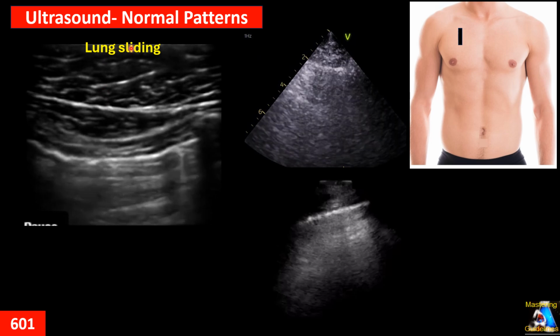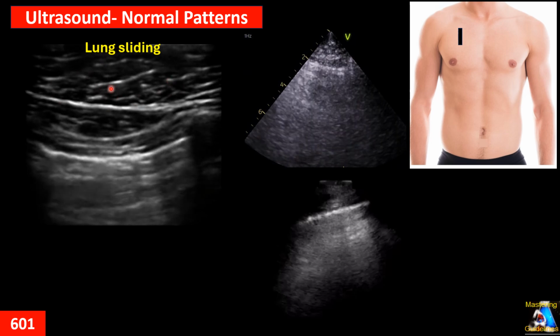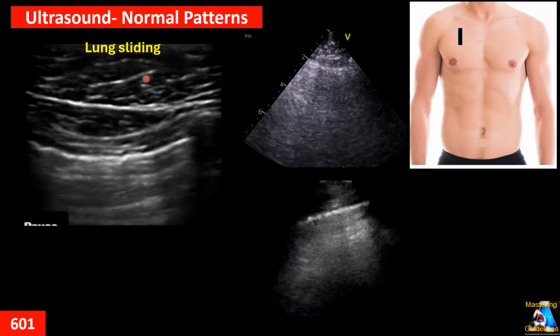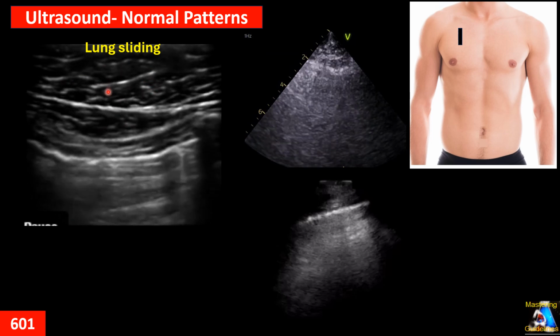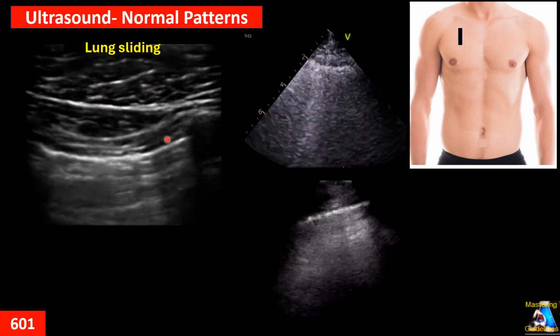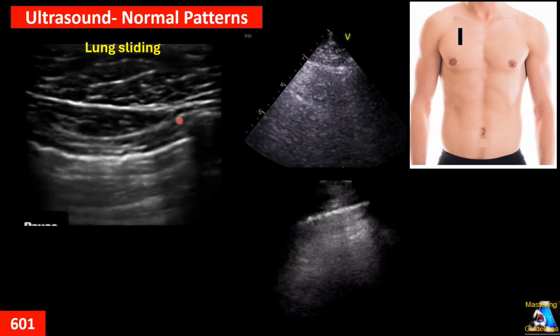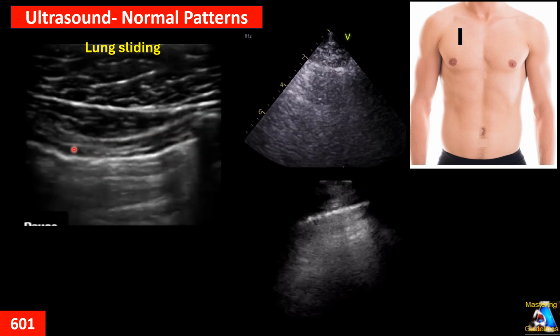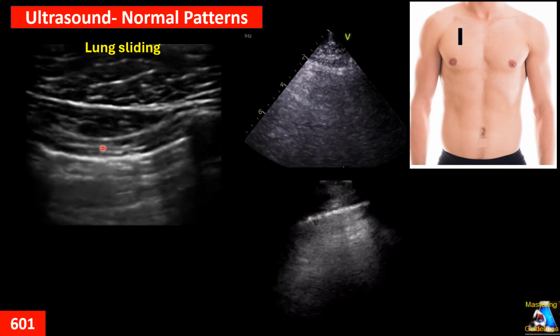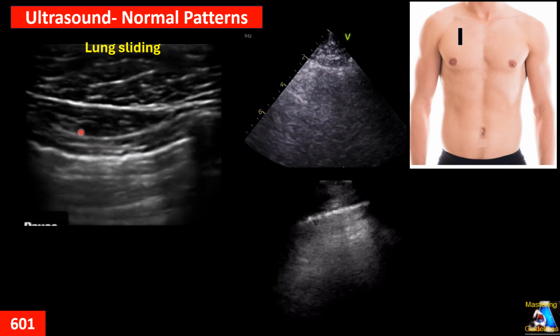Here below the skin we see those specific patterns of the muscle. Here the pectoralis muscle, major and minor, and then below that we can see intercostal muscles, three layers, that is not very clear on this one.